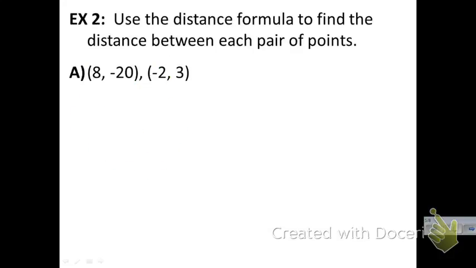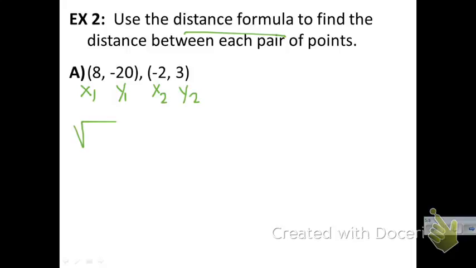Now in our next example, I'm going to ask you to actually use the distance formula. So we're going to apply that distance formula, and we're going to call this one x1, 8, and -20 y1, -2 x2, and 3 y2.